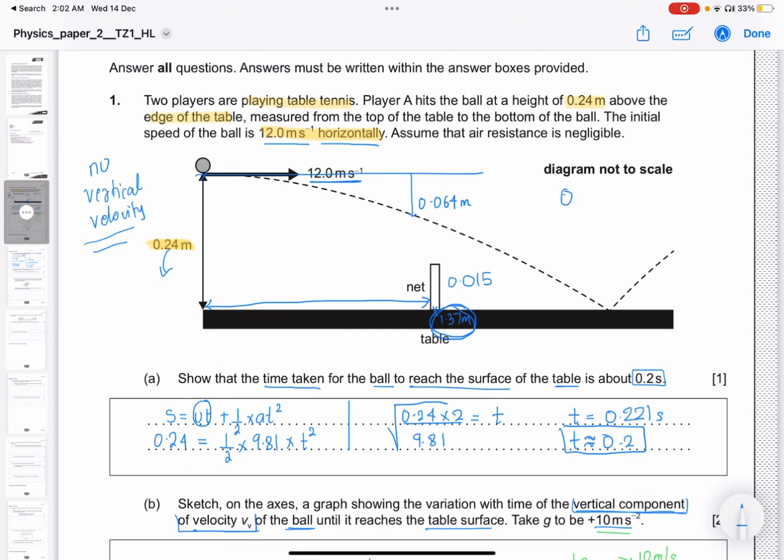If I subtract 0.24 minus 0.015, I'll get 0.225 meters.